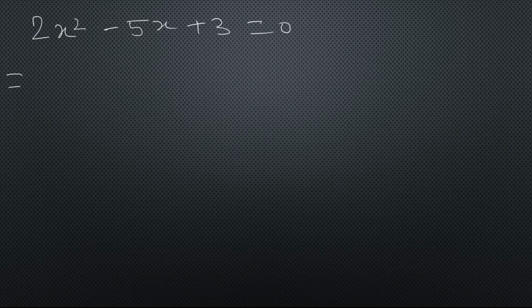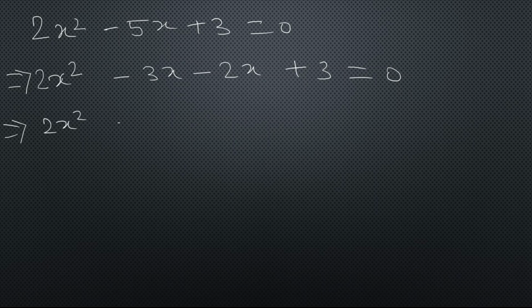So, we will split it. 2x square minus 3x minus 2x plus 3 is equal to 0, right? Or we can write it like this also, 2x square minus 2x minus 3x plus 3.